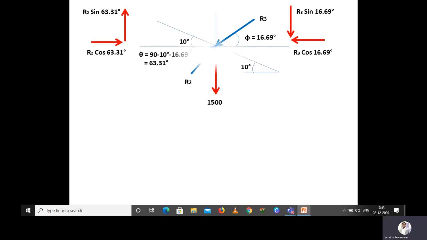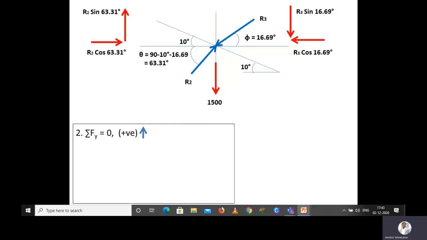Now we are moving to the next equation of equilibrium. For that again we are taking the free body diagram. The second equation we know very well, that is the summation of forces acting vertically is equal to 0, otherwise the summation of forces acting along y direction is equal to 0. We are taking the forces acting upward as positive.